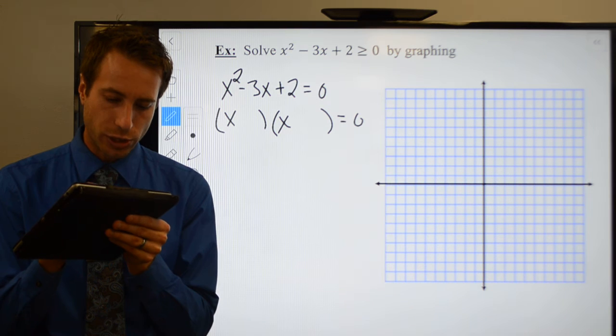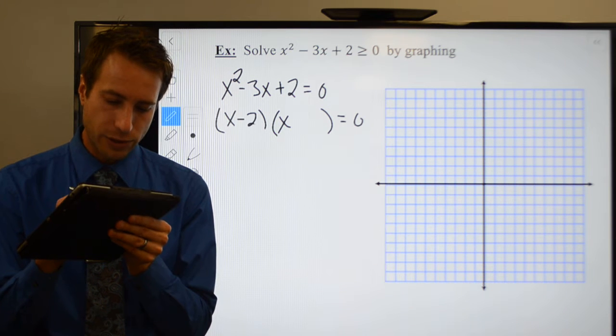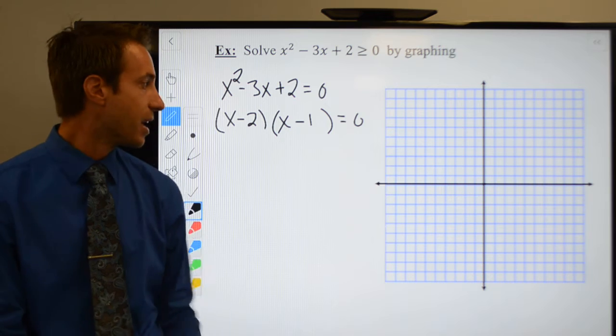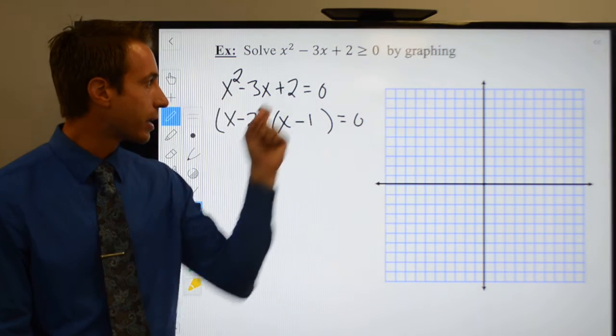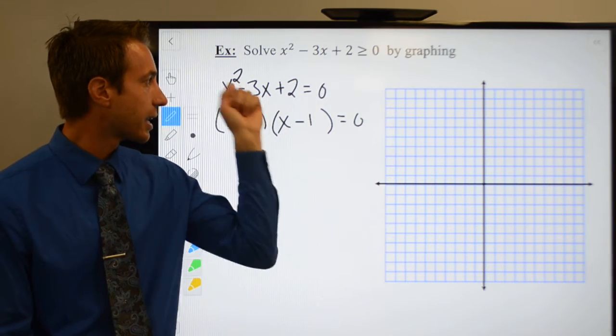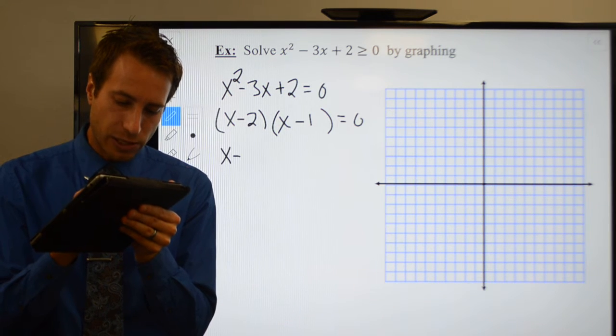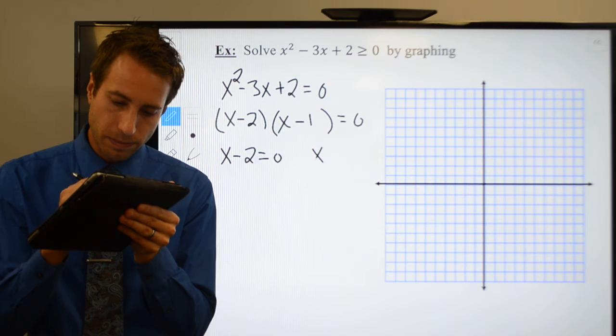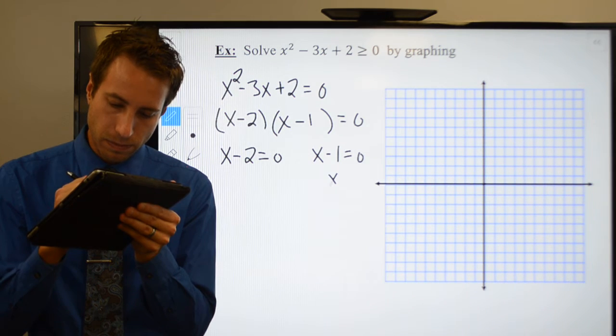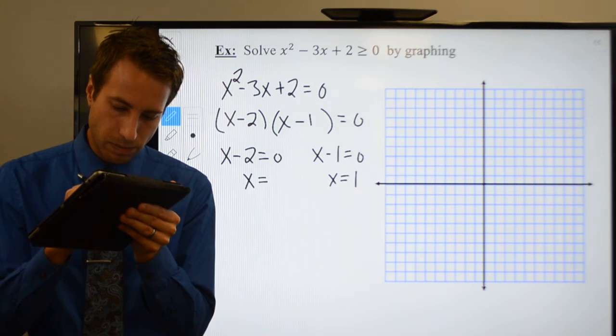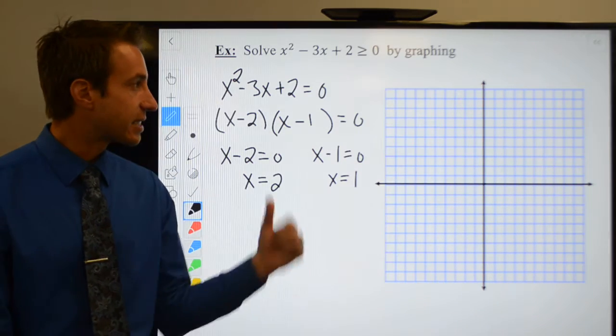I don't think you have to work too hard at this one. It's going to be a negative 2 and a negative 1. Negative 2 times a negative 1 gets me a positive 2, and negative 2 plus a negative 1 gets me a minus 3. Zero product property splits those guys up. x equal to 1 and x equal to 2.